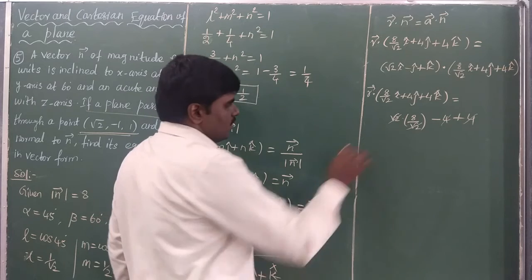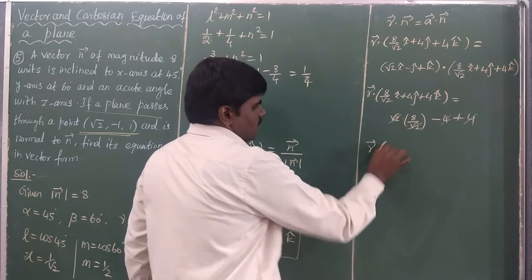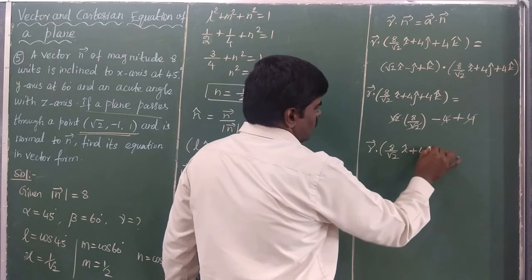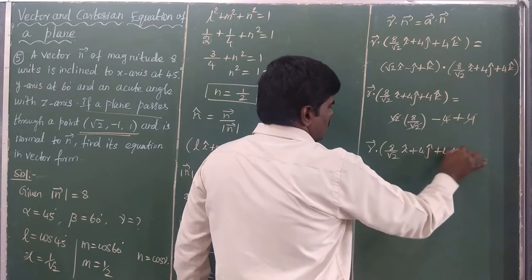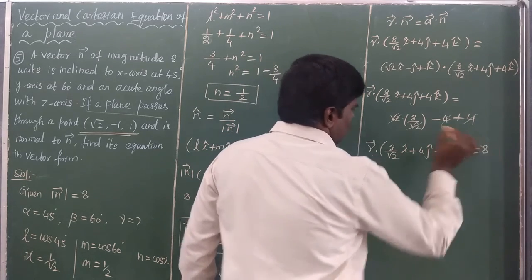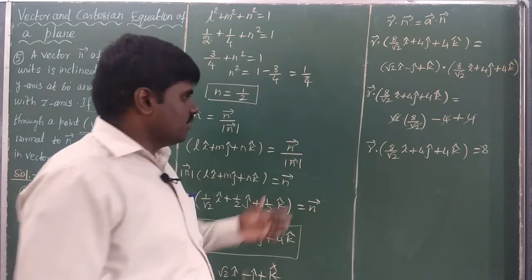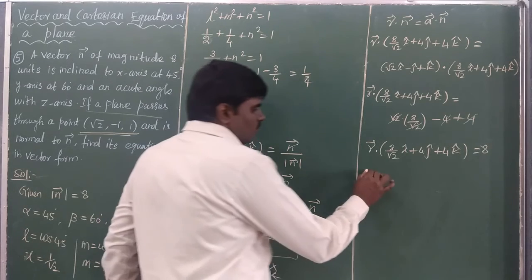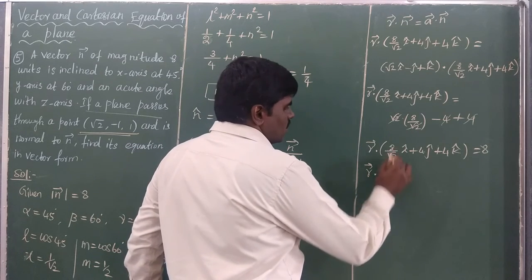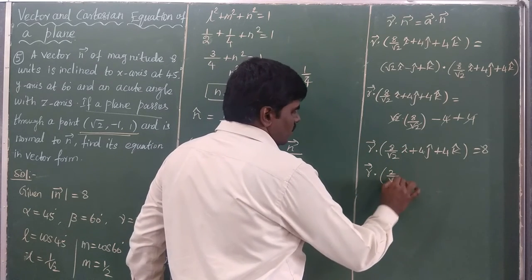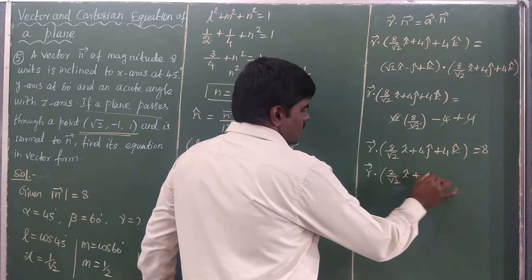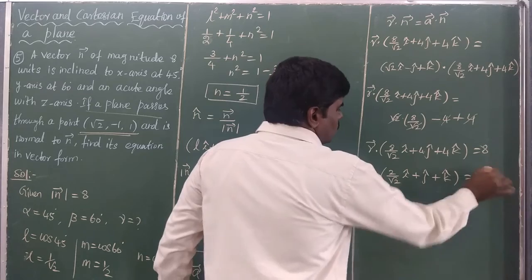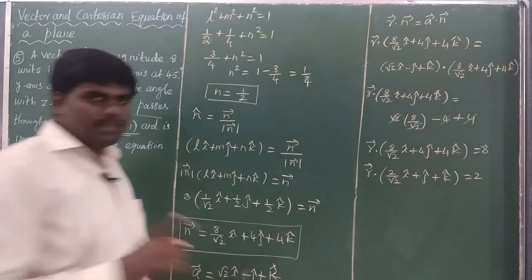What's the value remaining? Therefore r vector dot 8 by root 2 i cap plus 4 j cap plus 4 k cap is equal to 8. So the given equation, I divide the entire equation by 4. And what remains? r vector dot 2 by root 2 i cap plus j cap plus k cap is equal to 2. This is the vector equation of the plane.